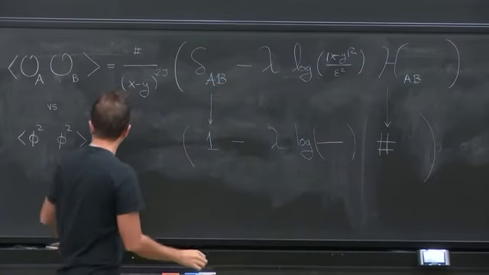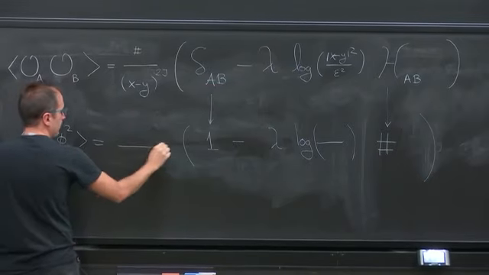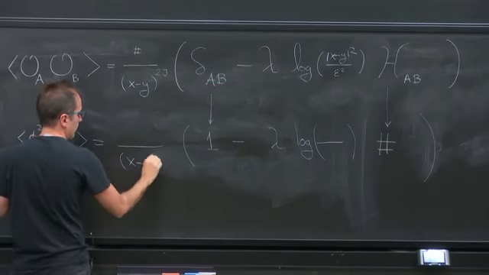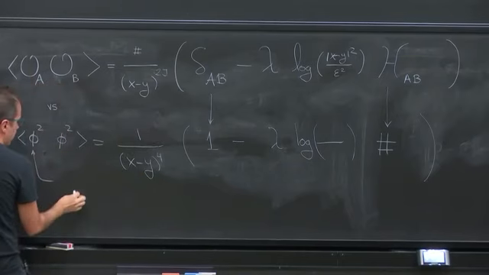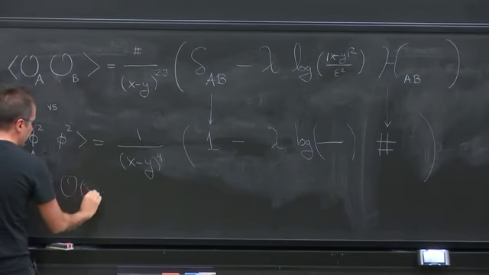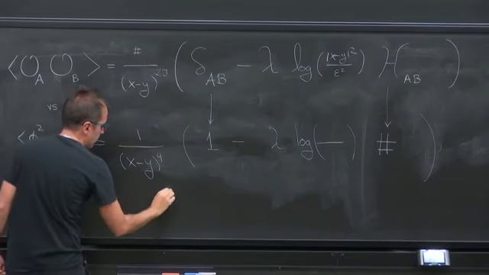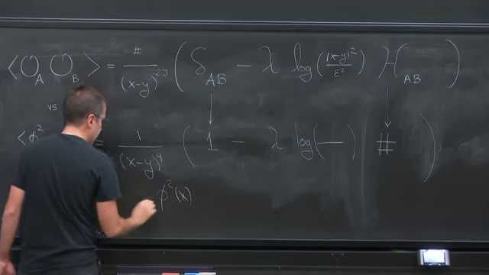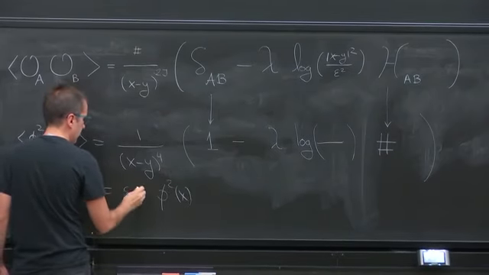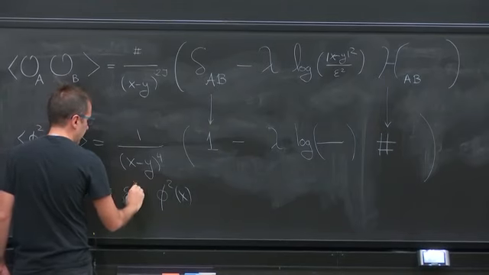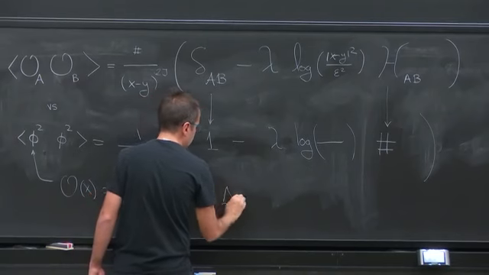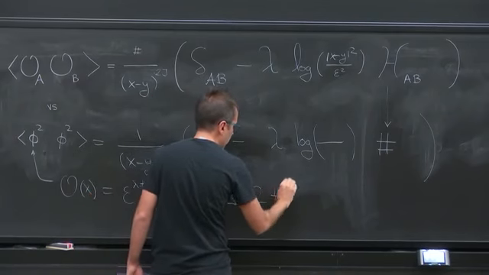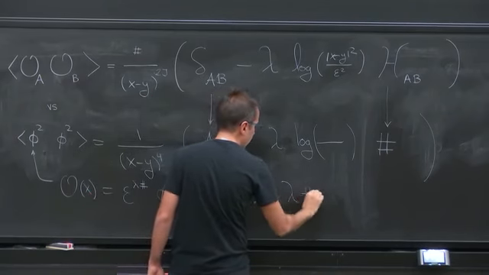And you remember the conclusion here in this line was that this phi, we could define some O of x that was phi square of x times epsilon to the power lambda times this hashtag, and then this operator at dimension, which was 2 plus lambda hashtag.